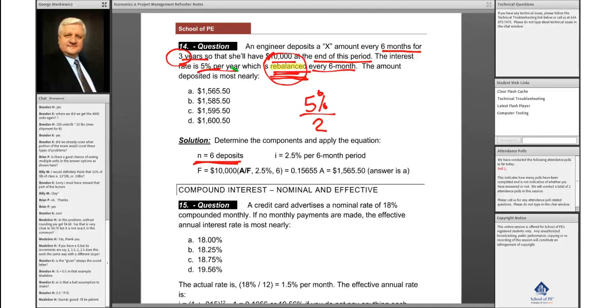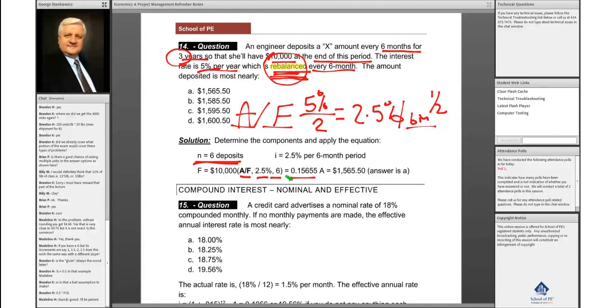If it's 5% every 6 months, or a half year, you're going to see that it's 2.5% per half year. So you're approaching it exactly the same way as before. This is an AF. You're given the future amount, and you're looking for the annual amount. So 2.5, 6, you go straight to the book, and you come up with your final answer.